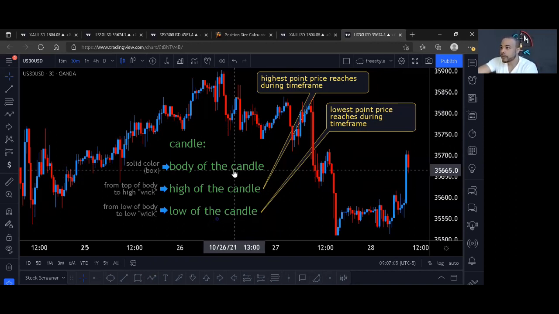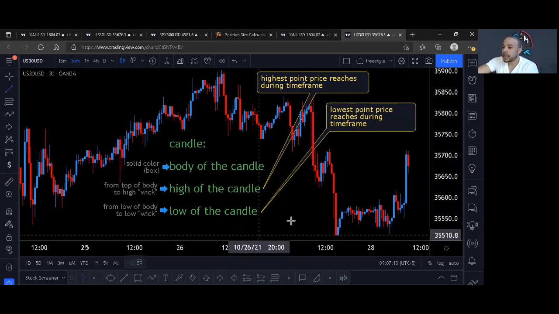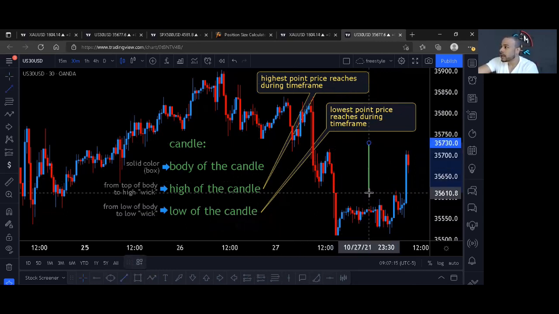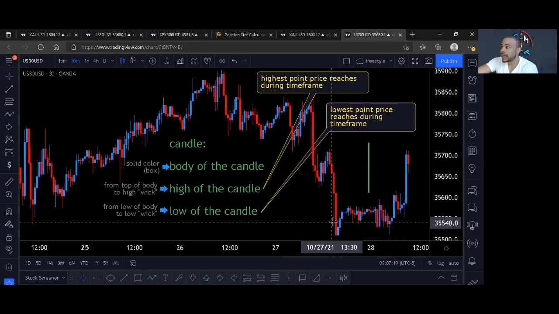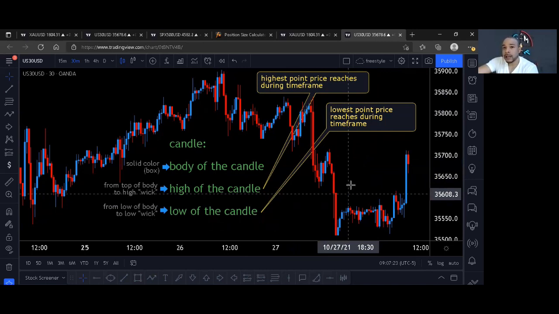So it gave you a full candle, not just, oh, price was here, and then when the candle closed, it made a wick and it closed down here. A solid body is different. A solid body is saying, hey, price was here and price still is here.